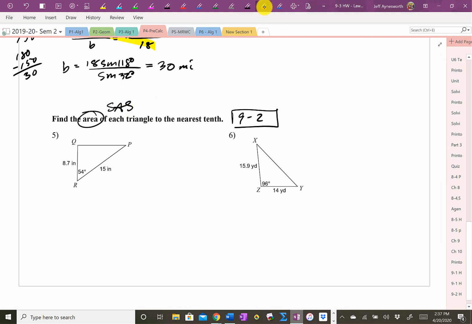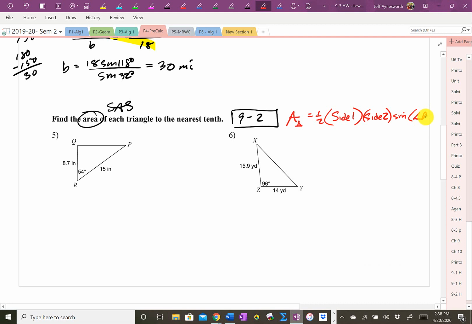And remember from the previous lesson, the area of any triangle is 1/2 times side 1 times side 2 times the sine of the included angle.